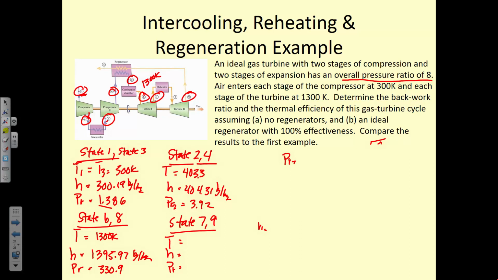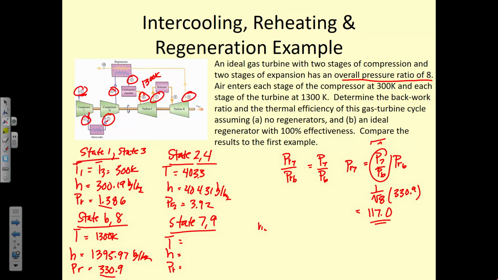So PR7 over PR6 is equal to P7 over P6. We know PR6 from here is the same as state 8, and we know that P7 over P6 is going to be 1 over the square root of 8 times 330.9. So we get our PR7 is equal to 117.0.